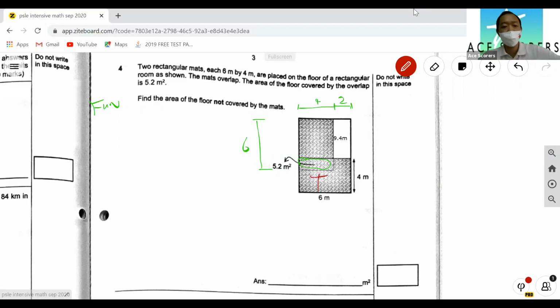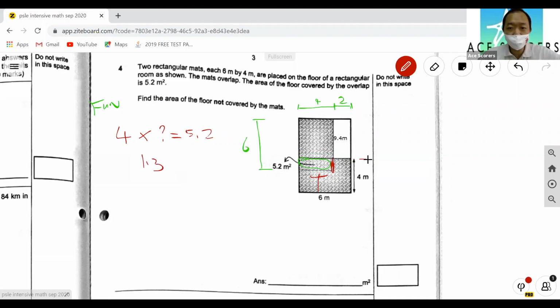So if you know that it's 4, you can find this height. Because 4 times question mark gives you 5.2. So what is that? 1.3.